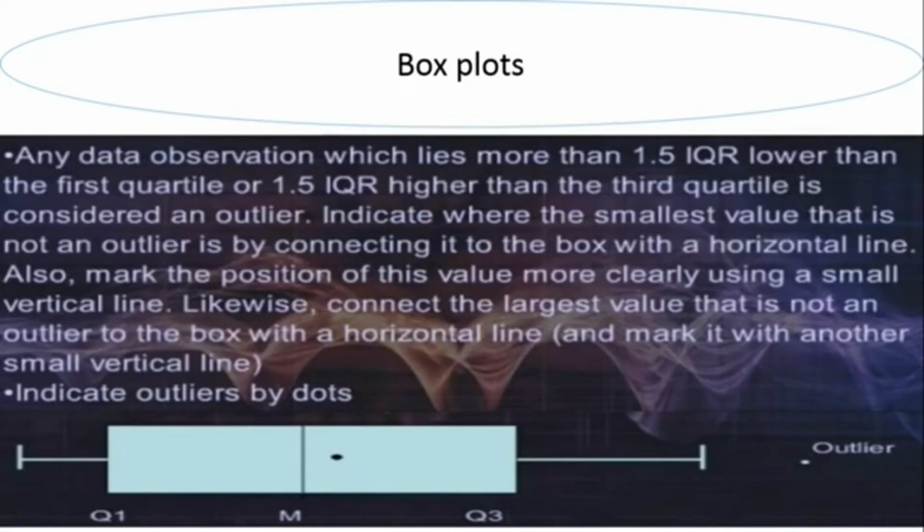Indicate the smallest value that is not an outlier by connecting it to the box with a horizontal line, and also mark the position of this value more clearly using a small vertical line. Likewise, connect the largest value that is not an outlier to the box with a horizontal line, and mark it with another small vertical line. Indicate outliers by dots. So you have one outlier, which is a value that is 1.5 times higher than the interquartile range.